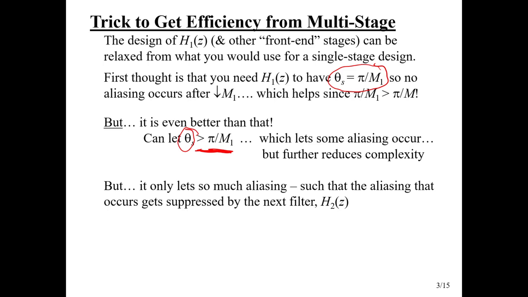So we're allowing some aliasing to happen, but not so much that it won't get cleaned up in the subsequent stages. So that's the real trick here. So there's two things going on. One is this just naturally helps, that we have to have that. And then if we're clever, we can push the stop band of the first stage farther out.